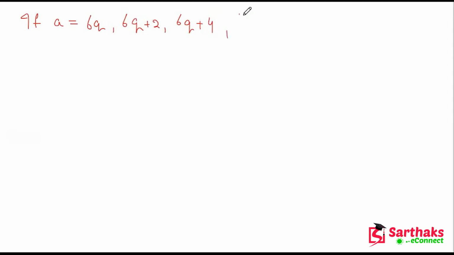Then a is even, divisible by 2. So a positive integer can be either even or odd.